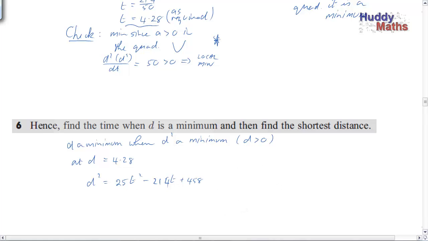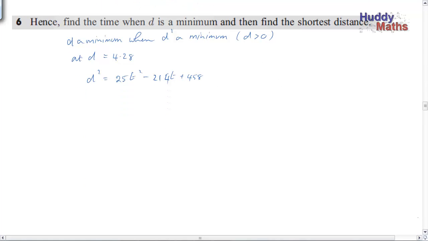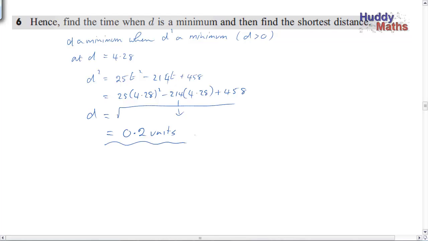So now we're going to substitute in 4.28. Need a calculator for this. 25 times 4.28 squared, take 214 by 4.28, plus 458. If you do that on the calculator, you can do it in one entry, and I think you get 0.2, whatever the units are for distance there. So that's just a little bit of calculator work, using technology.